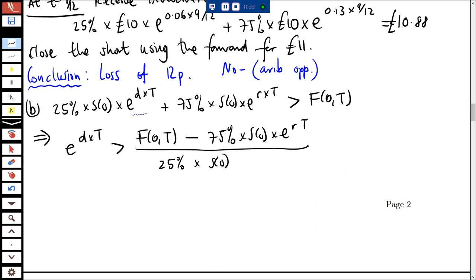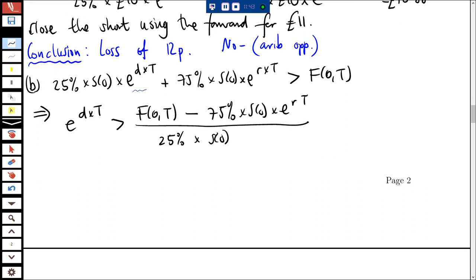Is that right? So that goes over, that goes under. It's much harder to do on this tablet. Yep. Okay, so the value of D should be bigger than 1 over T log of that value.